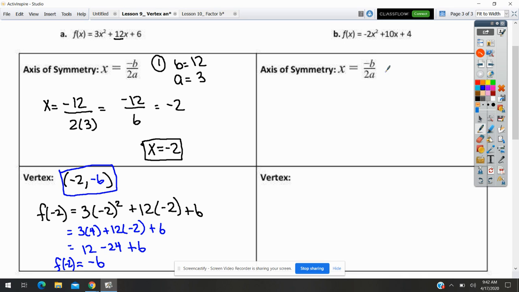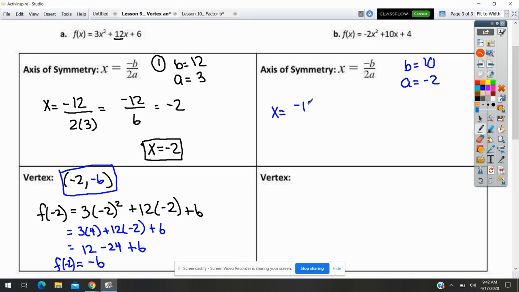Next, we have negative 2x squared plus 10x plus 4. So what's our b? Our b is 10. Our a is negative 2. Okay, and let's substitute that into our formula.